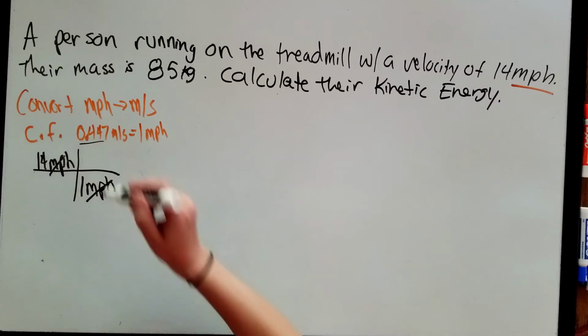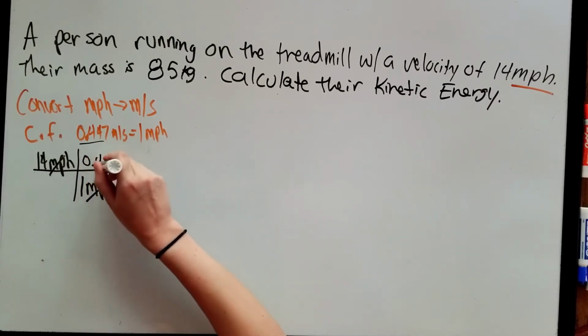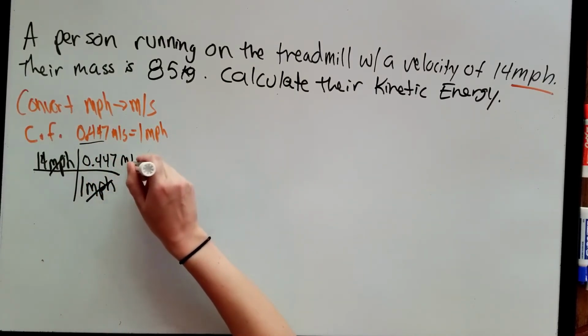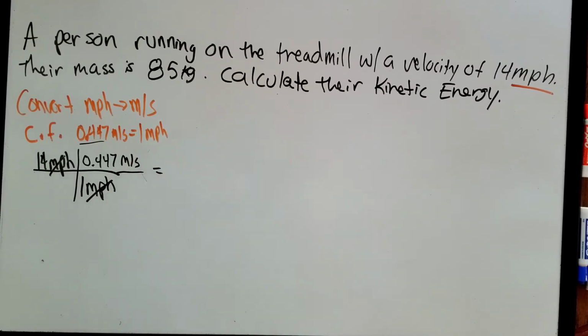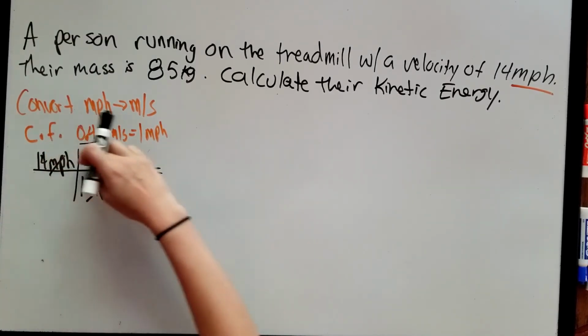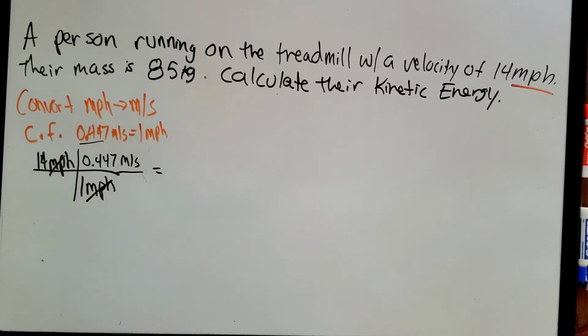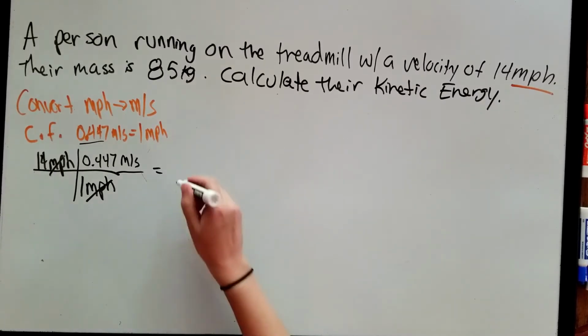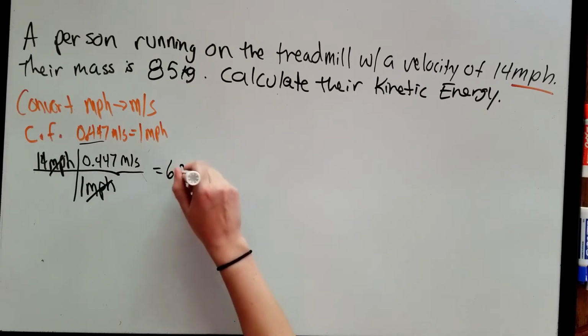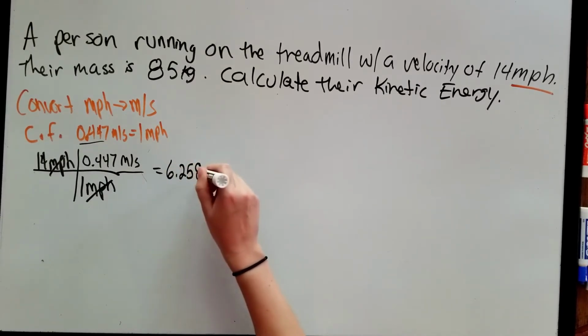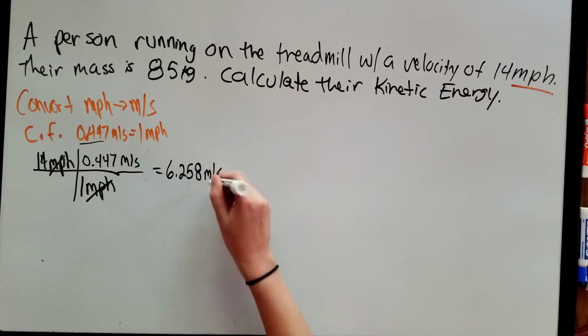That will put the 0.447 along the top. So to calculate, we multiply across and divide what's on the bottom. So we're taking 14 times 0.447 and dividing that by 1. And I get 6.258 meters per second.